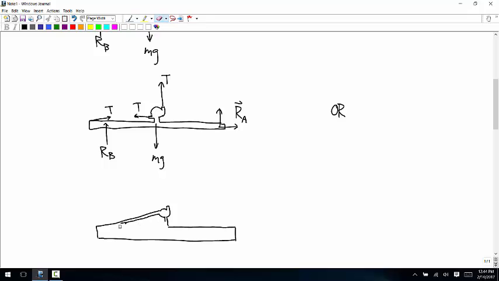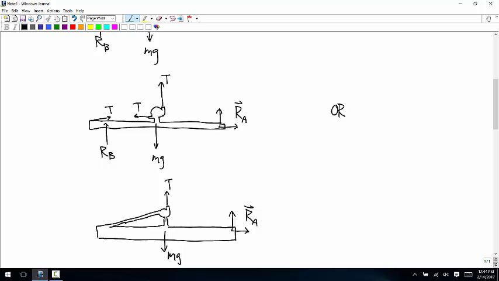Okay, so this time isolate all of this. Then you have the weight, the pin joint, this cable tension, but now you don't have any cable tension on the other side of the pulley because that's an internal force now.